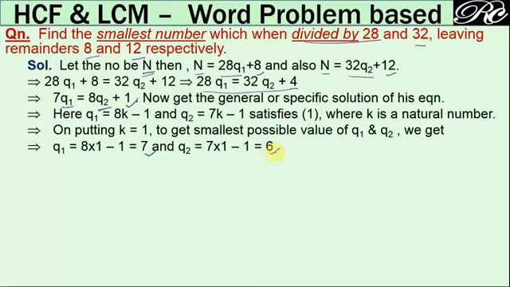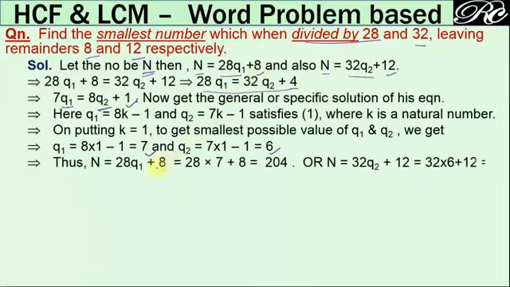Substituting this 7 and 6 to get the value of n, n is equal to 28 q1 plus 8 or n is equal to 32 q2 plus 12. Therefore, calculating n using either q1 or q2, we will get the same answer.